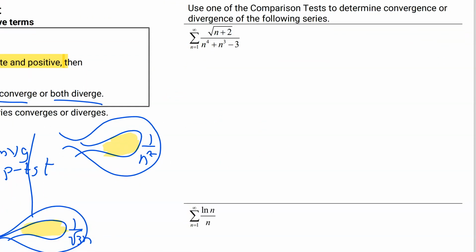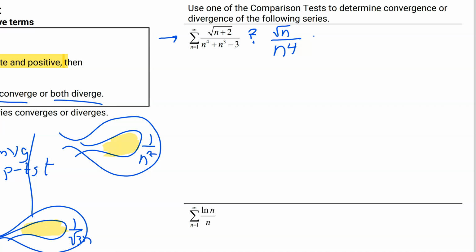Okay, so let's look at this one here. I'm going to compare it to the square root of n over n to the 4th power. Now, I'm not sure whether the left side or the right side is larger. There's just too much going on here.